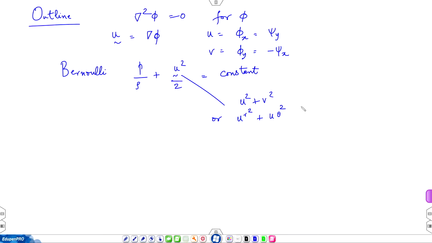Usually this constant is found from upstream conditions, which is symbolically written as p infinity over rho plus U square over 2. U is the approach velocity.